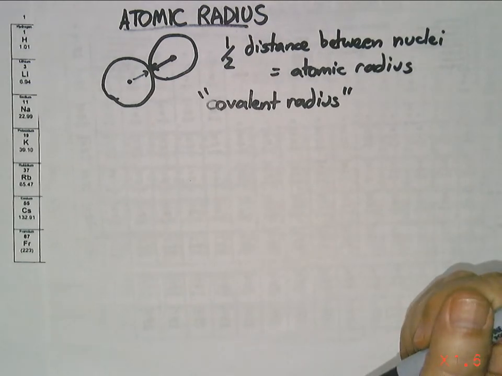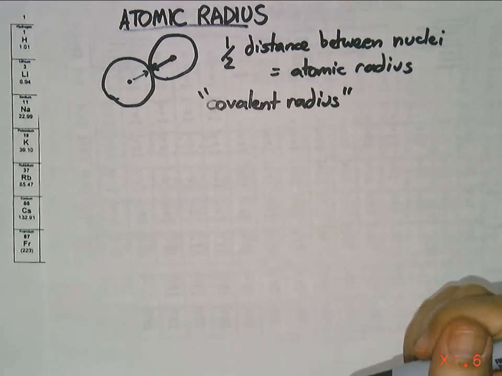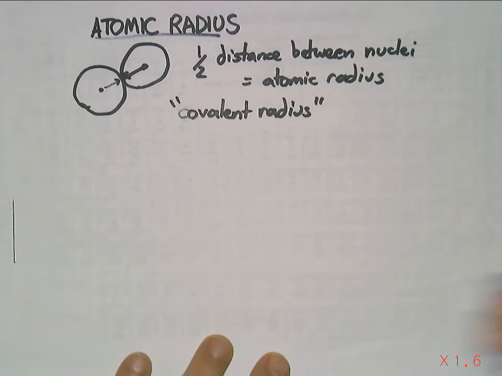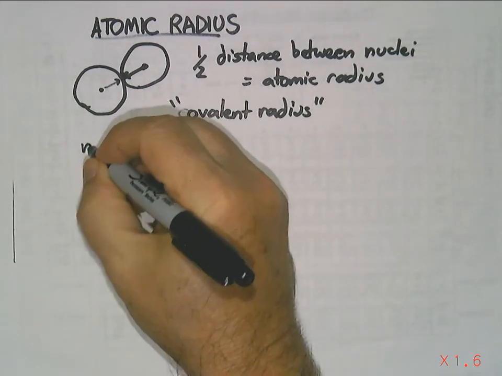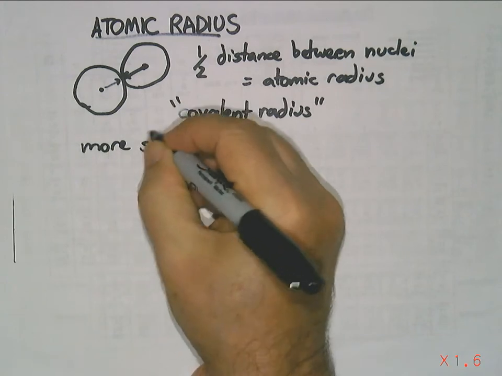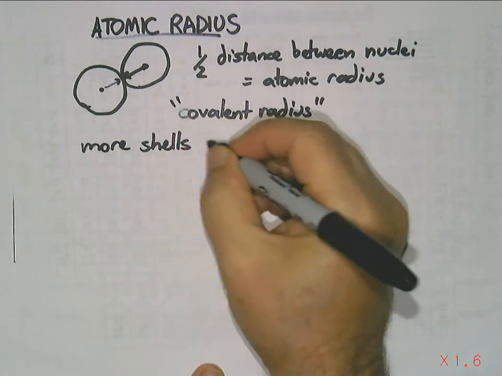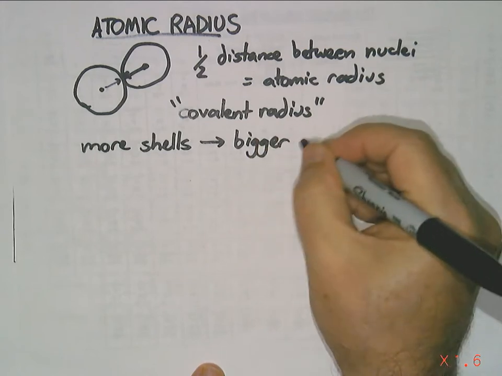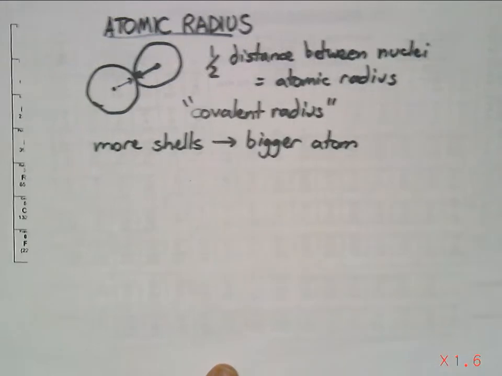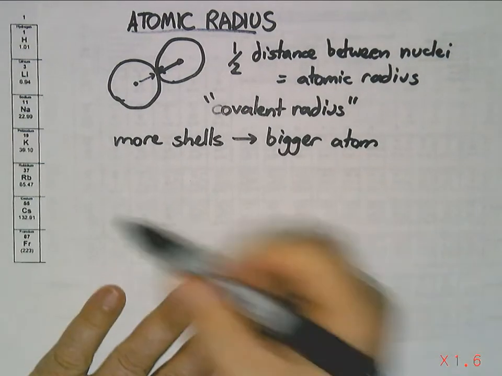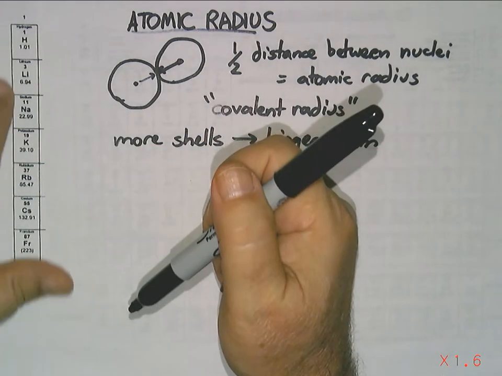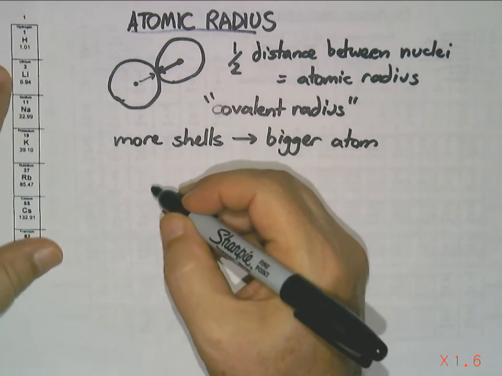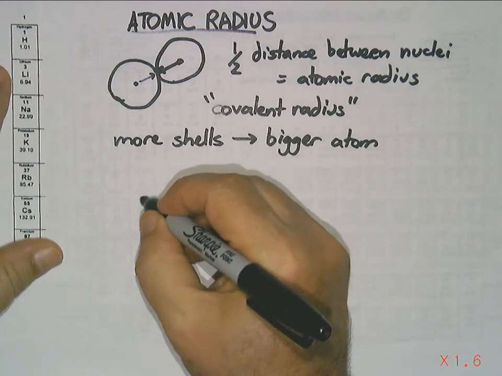Now, it turns out to be fairly simple to use the periodic table to compare the sizes of atoms. First of all, the more shells you have, the bigger the atom is. So for example, if I'm looking at my alkali metals here, and I'm comparing lithium, sodium, and potassium, lithium is in the second row, it has 2 shells.